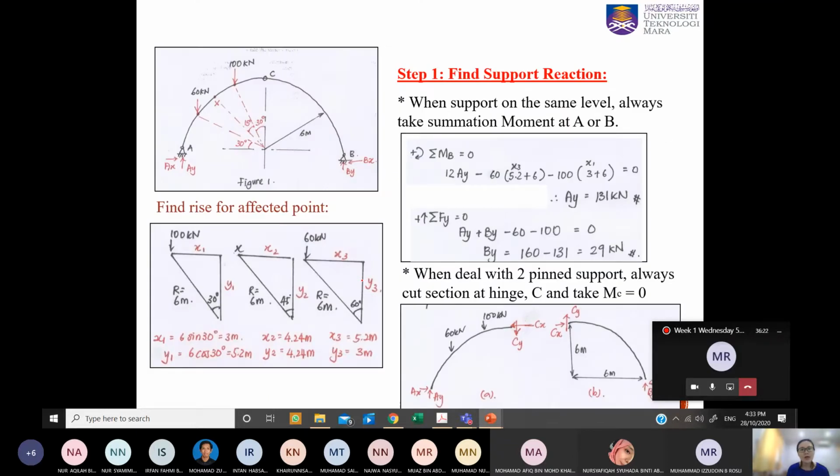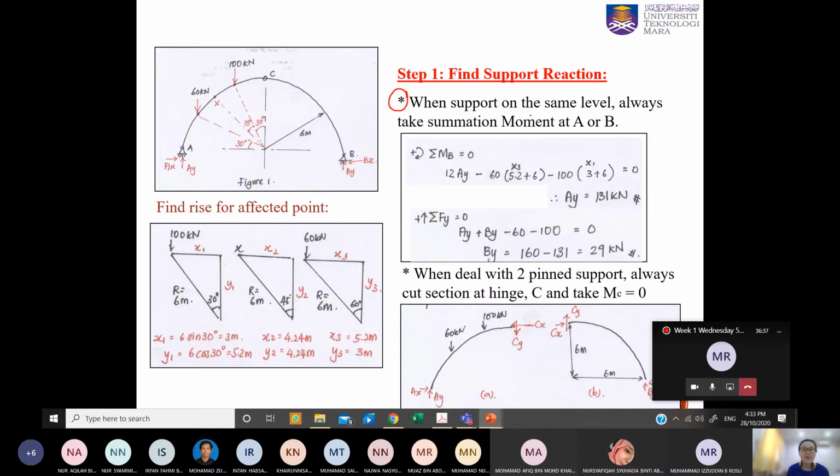I want to determine the support reactions. So what I can do here is, this is my process.